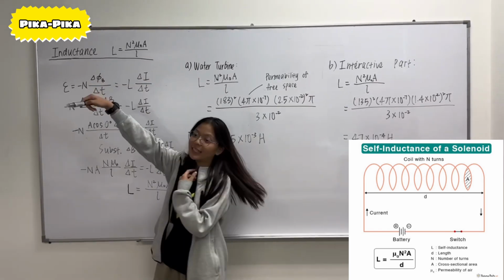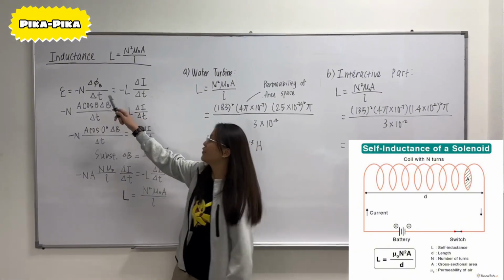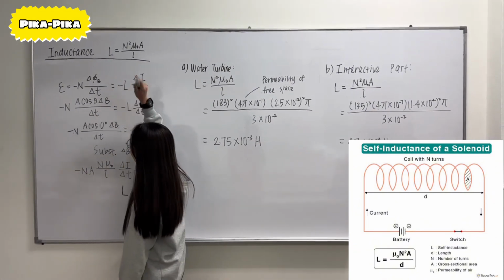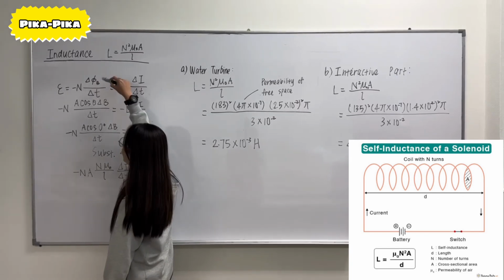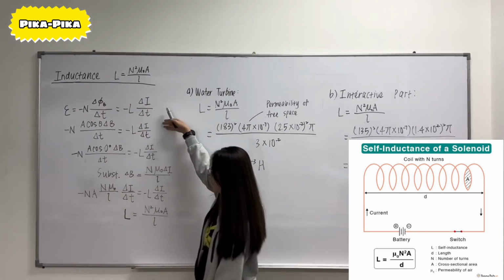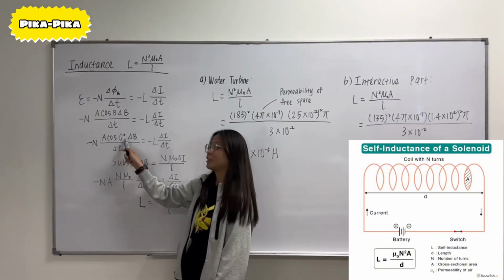Okay, let's move on to the inductance. Do you ever wonder how we get this equation? It's derived from Faraday's law. Faraday's law is equal to this equation too. We will substitute the equation of change in magnetic flux into here, so we will get this equation. And why is it 0 degrees?